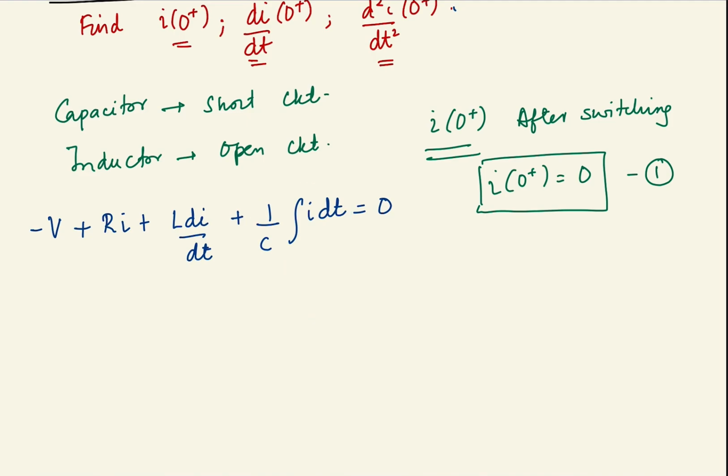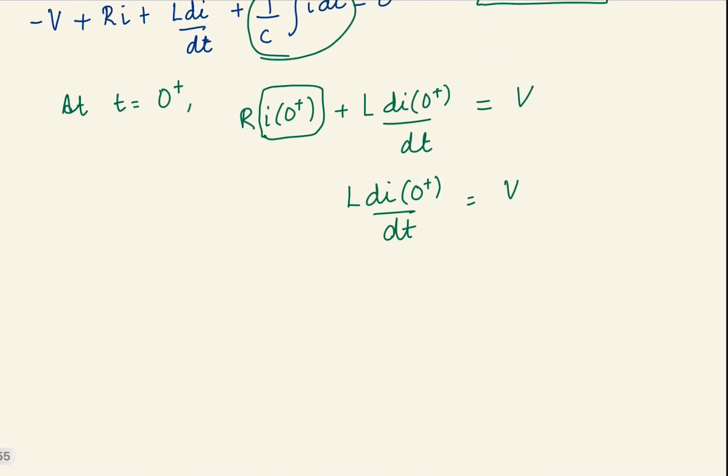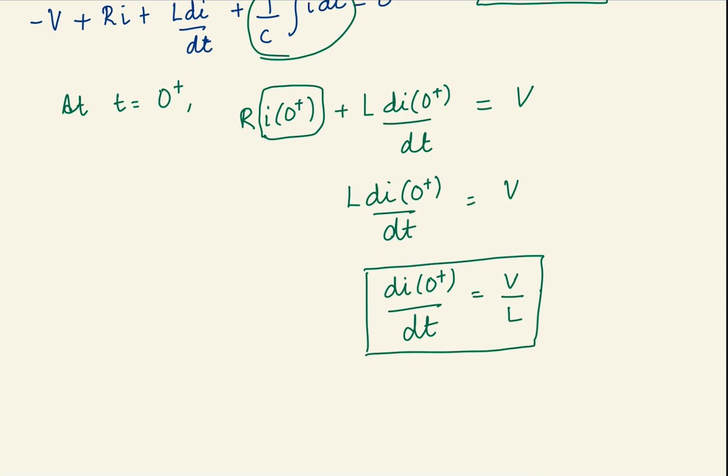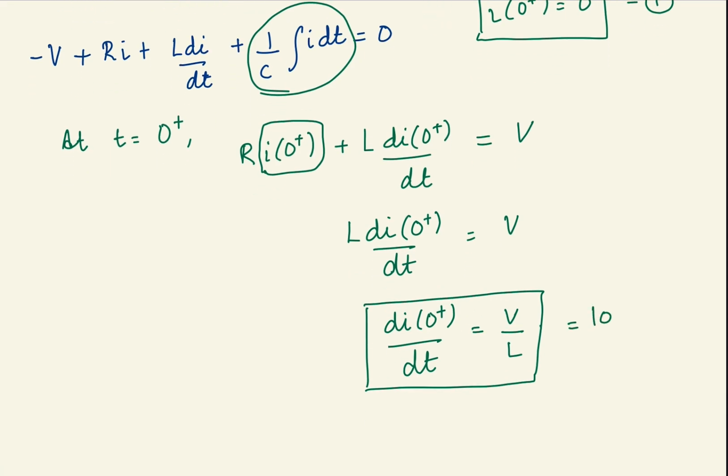Now what will we do with this equation? We will simply say that at t equal to 0 plus, this equation reduces to R I0 plus L di 0 plus by dt, and this term is 0, so we remove this term, so this gets reduced to V. Now I0 plus is 0, so L di by dt is equal to V, and then di by dt is V by L. The value of V is 10 and L is 1, so this is going to be 10 volts.